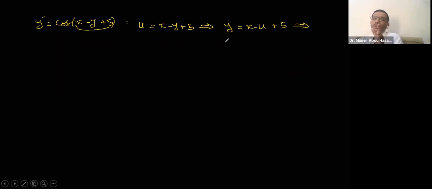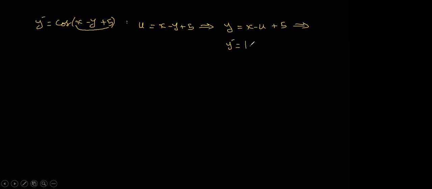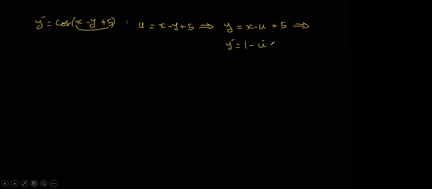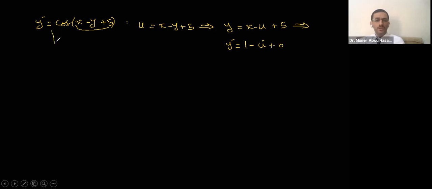Doctor, why do you need to find the derivative, not the differential now? Because my equation has a prime. So the derivative of y is y prime. What about the right-hand side, Yusuf? 1 minus du over dx, or u prime. You are right. Great. And what about 5? 0. Great.